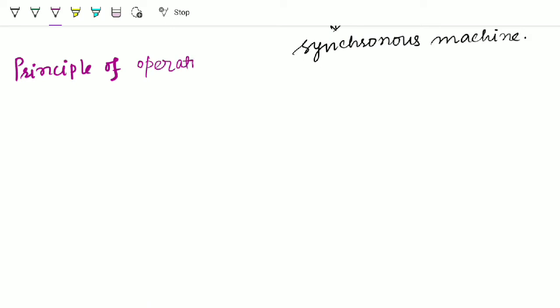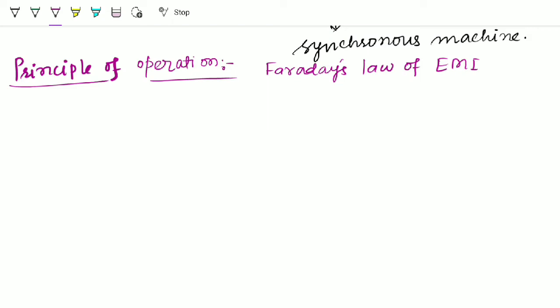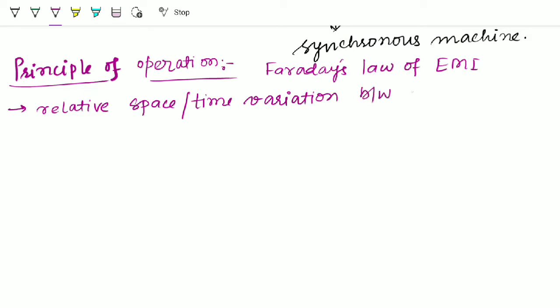The principle of operation of a synchronous machine is based upon Faraday's law of electromagnetic induction, which says that whenever there is relative space or time variation between magnetic field and conductor, an EMF will be induced.